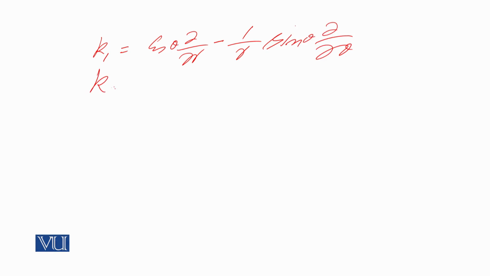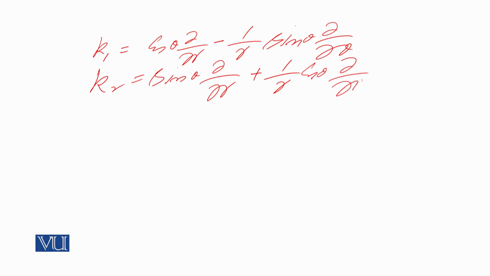K2 is equal to sine theta partial by partial r plus 1 over r cos theta partial by partial theta. And finally, the third one, K3 is equal to partial by partial theta. So this is the way one can calculate the generators from the Killing vectors.